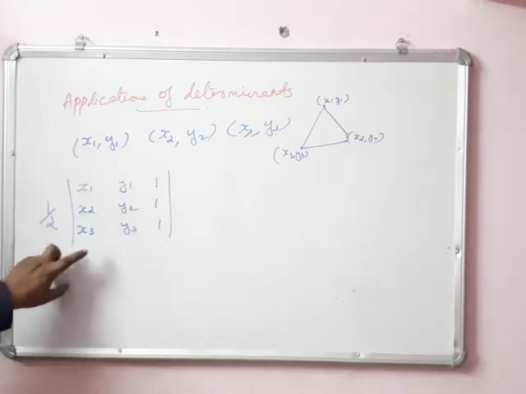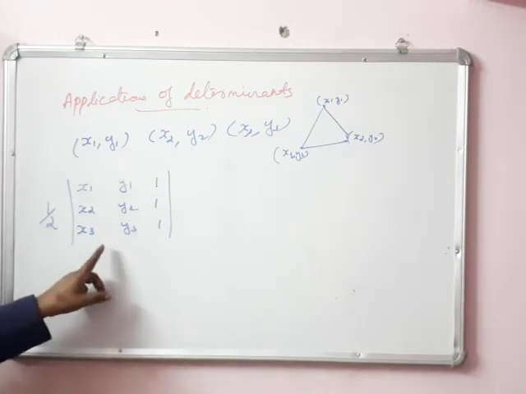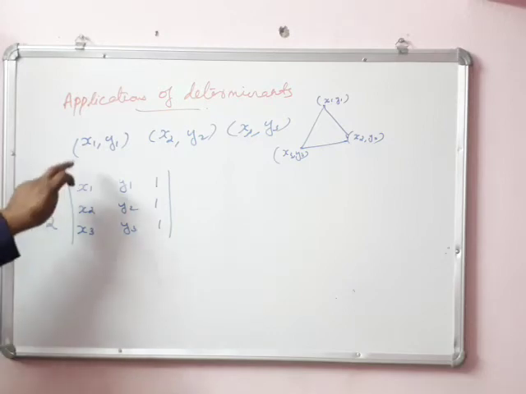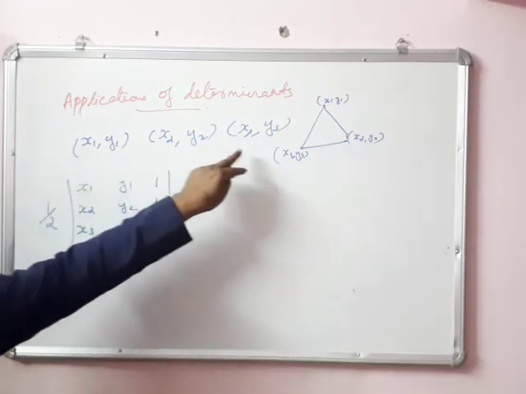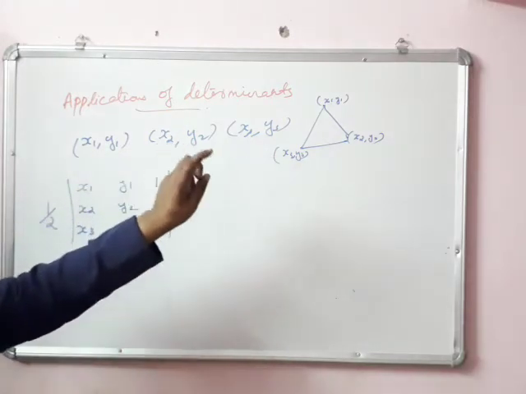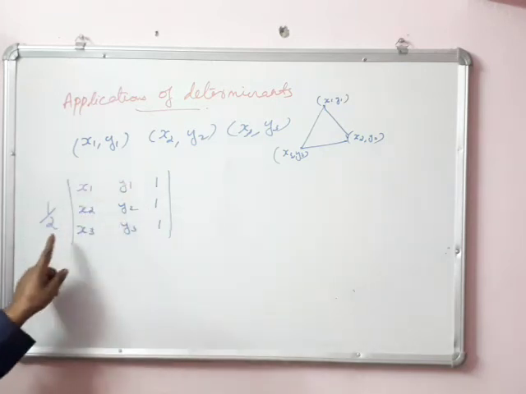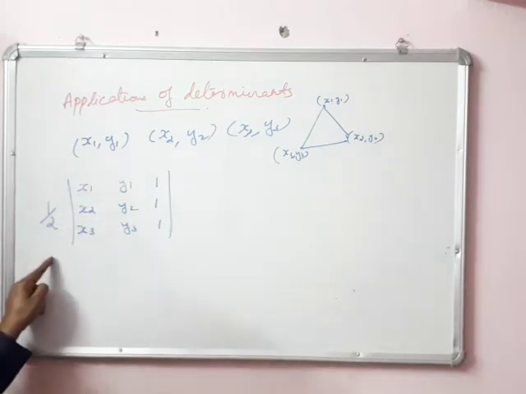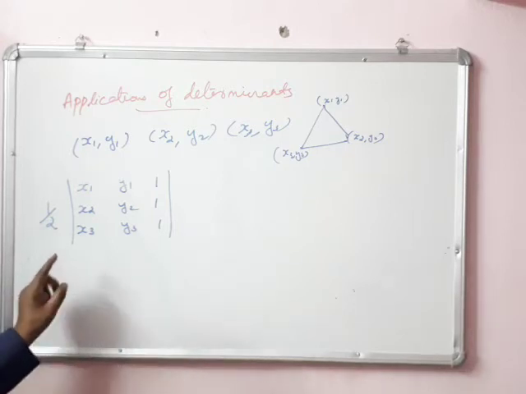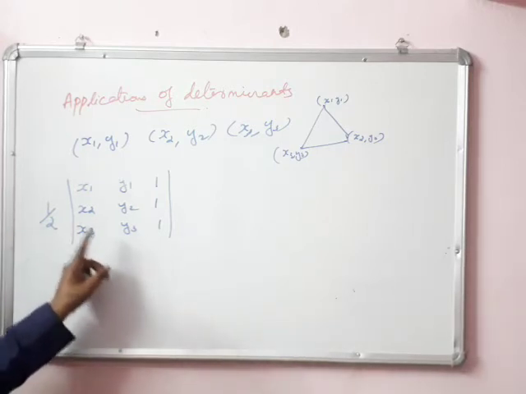I will explain with a question how we can find it. Suppose x1, y1, x2, y2, x3, y3 are the vertices of a triangle; using determinants we can find the area. Through the question we can solve it. They will ask in the examination how to find the area of a triangle.